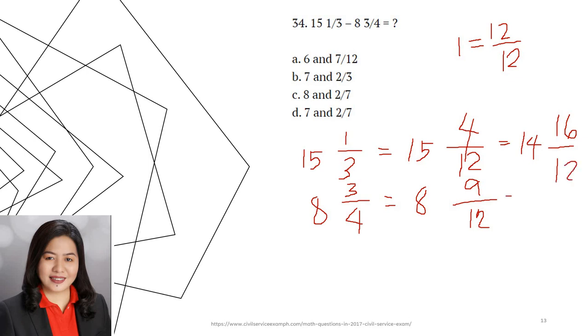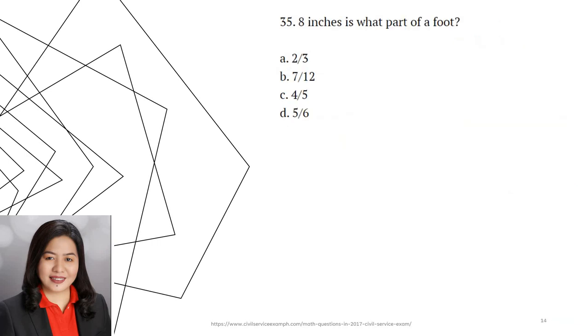And we copy the denominator, which is 8 and 9 over 12. So we can subtract: 14 minus 8 is 6, and 16 minus 9 is 7 over 12. So we have 6 and 7 over 12. Letter A. Yay! Next number.